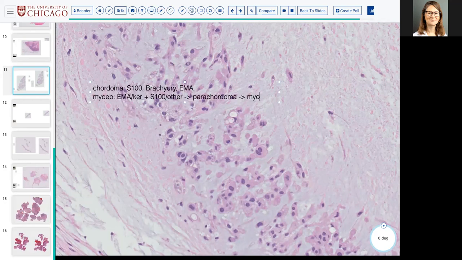So if you see something that's in the soft tissue, not the base of skull or sacrum, it's either some kind of direct extension from a local chordoma, or it's a metastasis to the soft tissue of a chordoma. We know that chordomas are regarded essentially as having metastatic potential.